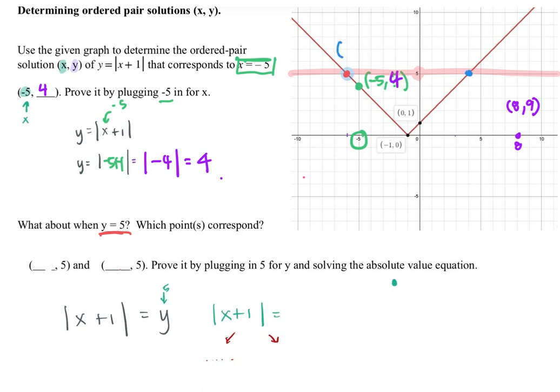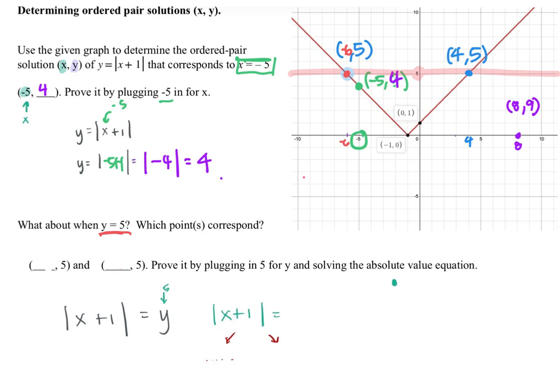So when y is 5, what does x come out to be? Well, on this red point over here, x is -6. And over here at the blue point, you can see that x is 4.